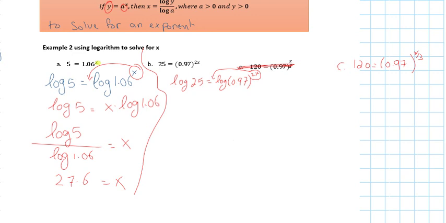Then you take the log 0.97 and move it over, so now it's divided by. So I have log 25 divided by log 0.97 equals 2x.